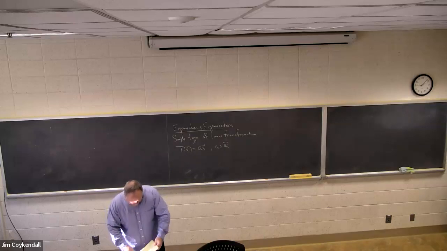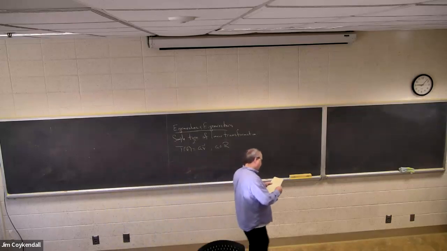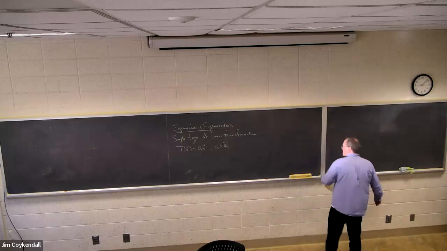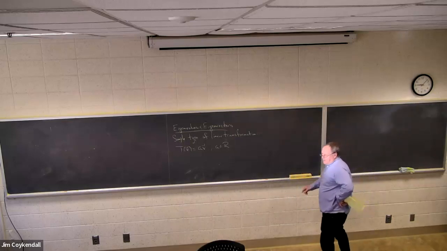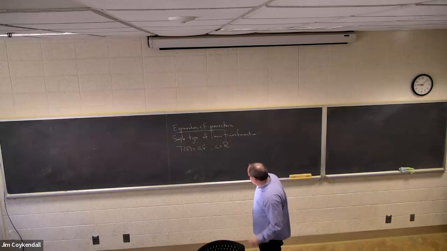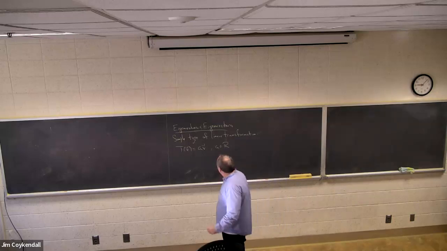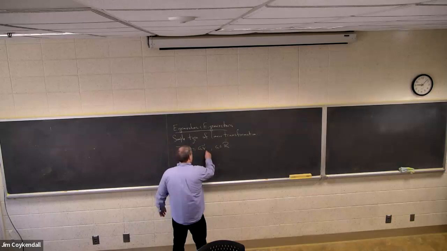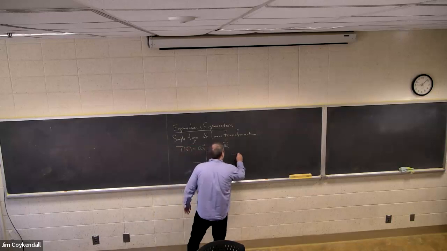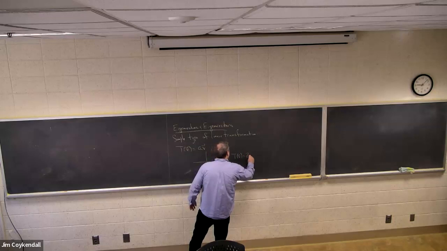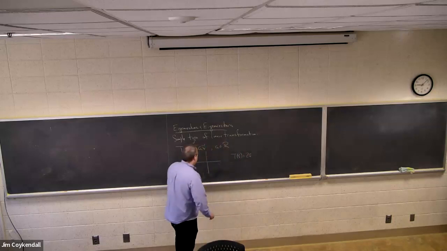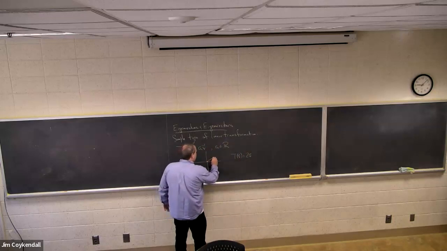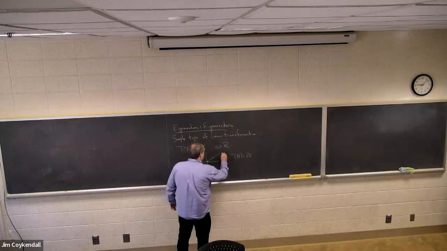I'll give you an example of this in a moment, but can anybody think of an example? So the easiest linear transformation is T(v) = av. For example, if I do this in the plane, this takes any vector and just doubles its length.